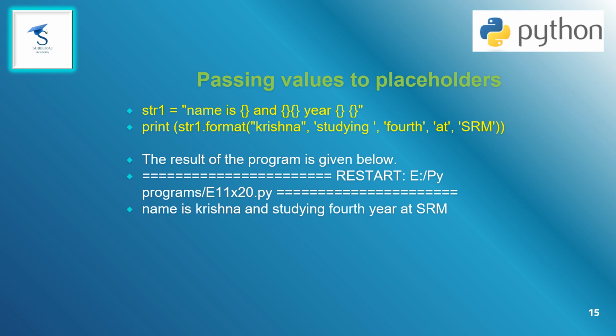Then at, then the last one SR. So that's how the whole thing is printed. Here you don't specify any particular format, you only put braces, and you put str1.format, where str1 is the name of the string variable, and then you give all these values, and you get a nice printout.